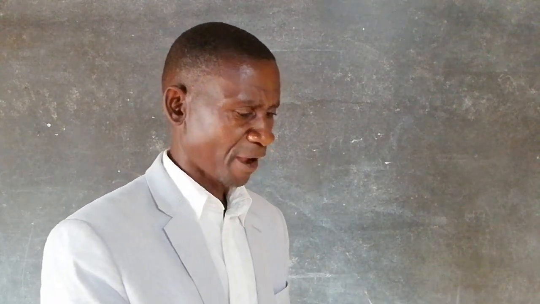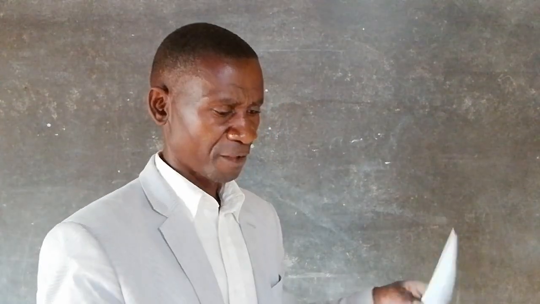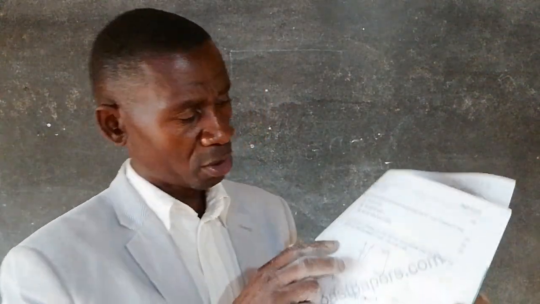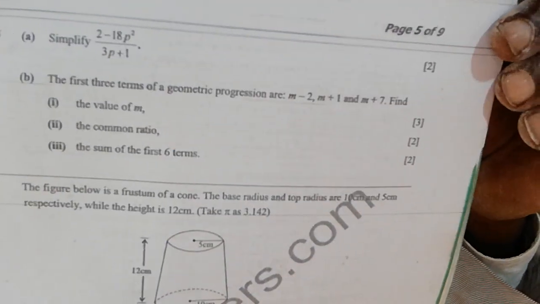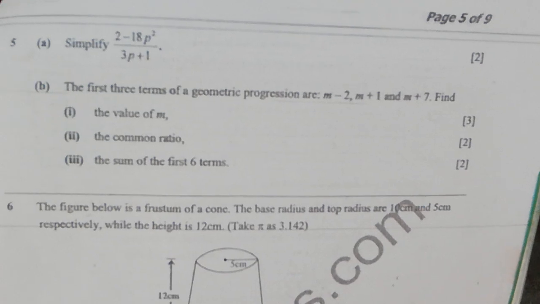So it came as question number 5, question number 5B. This is how the question appeared. That is question number 5.